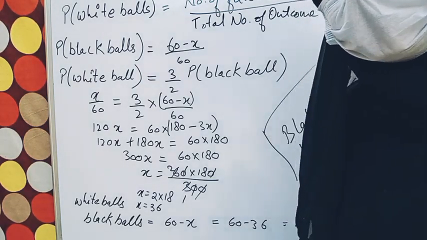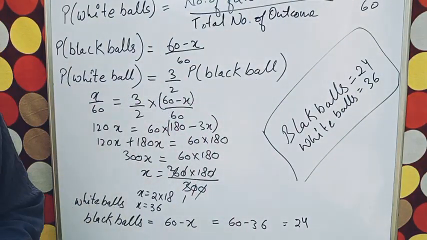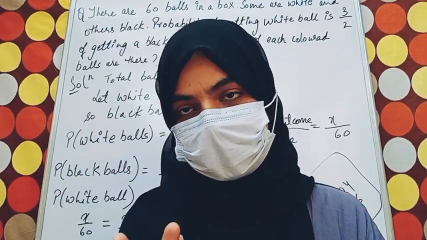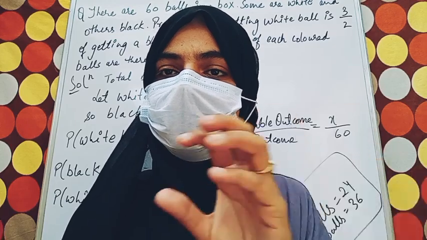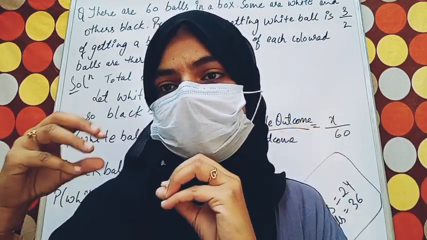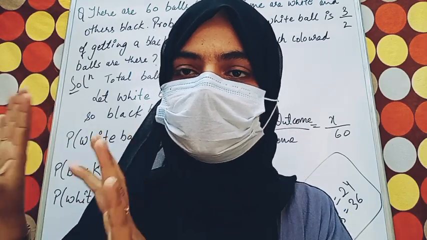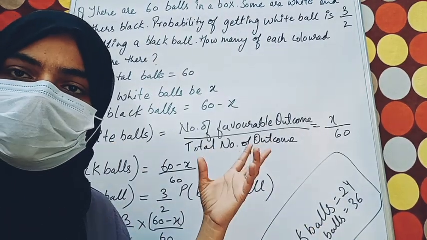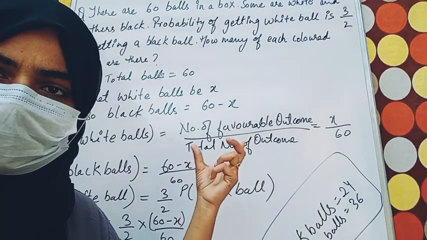I hope you understood how we did the working of this. In this question we read it out. Only the total quantity was given, along with black balls, white balls, and some probability conditions. First we let the white balls be x and black balls 60 minus x, because it was the total quantity.